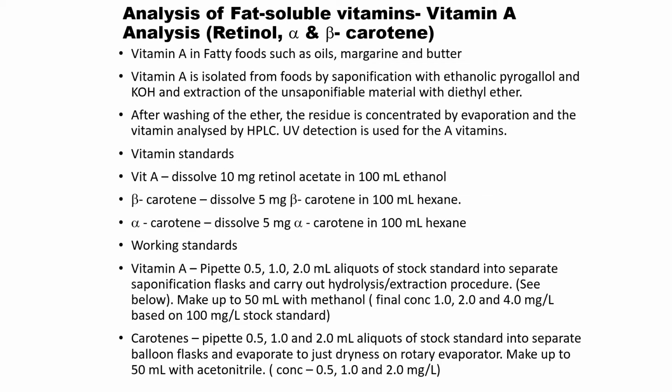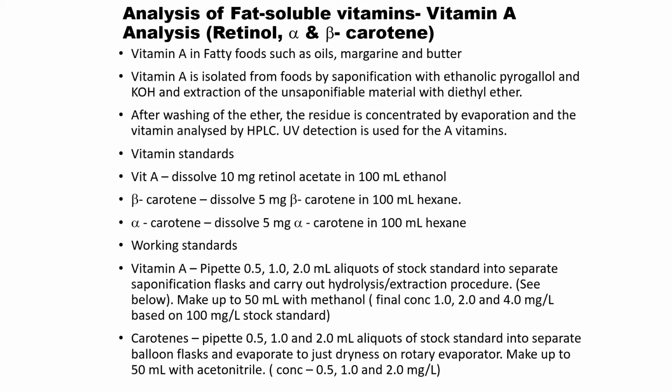So class, now let's move on to the fat soluble vitamins. As we know, fat soluble vitamins are A, D, E, K. A can be divided into retinol and alpha beta carotene, and A can be found in fatty foods such as oil, margarine, butter.